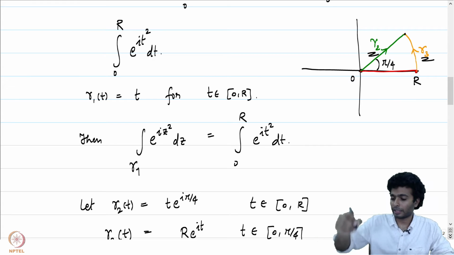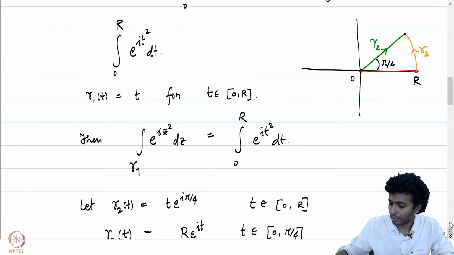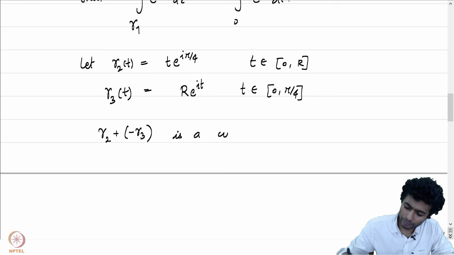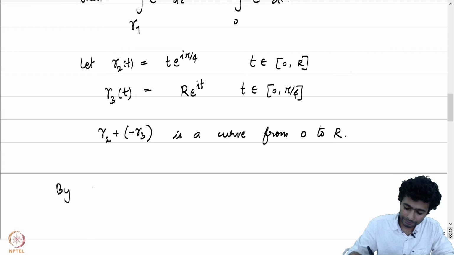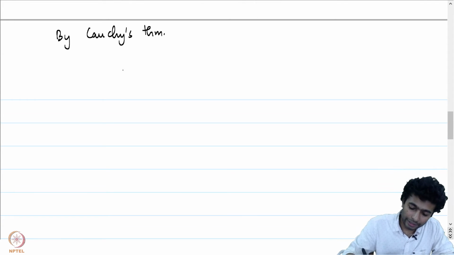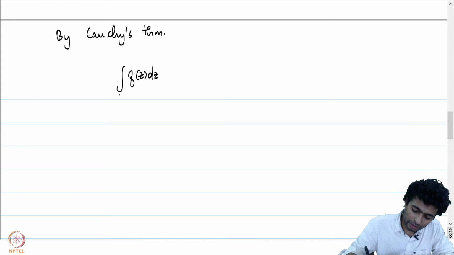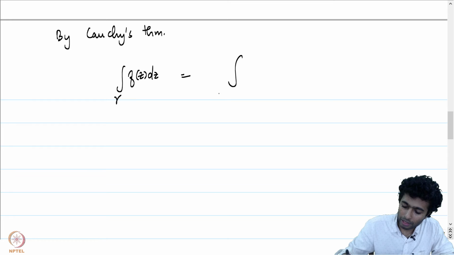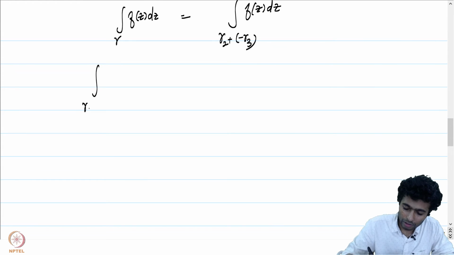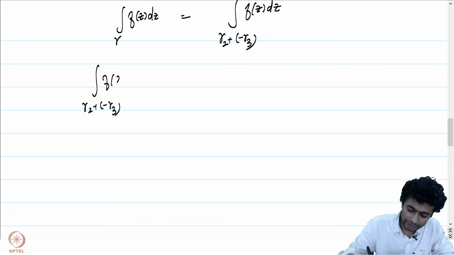The concatenation of these two curves is going to be a curve from 0 to R. And by Cauchy's theorem, on the domain, the complex plane itself, the integral of f of z dz over gamma 1 is equal to the integral over gamma 2 plus minus gamma 3 of f of z dz.